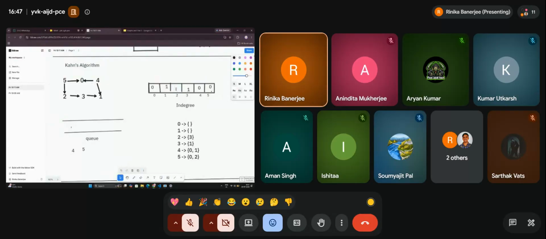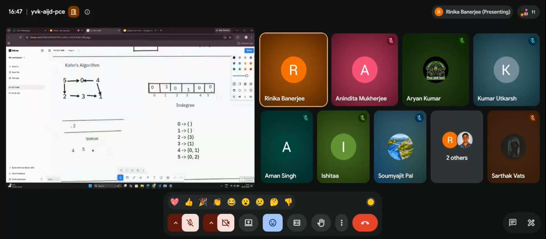Now for node 0, the in degree became 0, and also for node 2, the in degree became 0. So I'll push node 0 and I'll also push node 2. Now it's complete. Now I'll pop 0 from the queue.